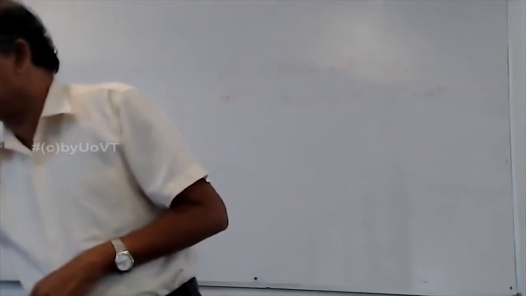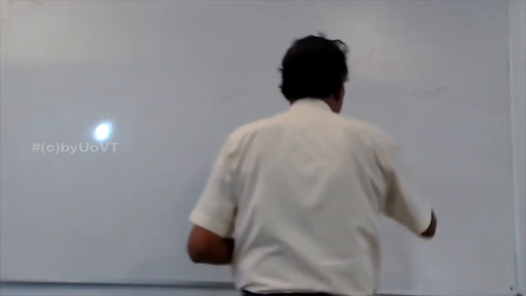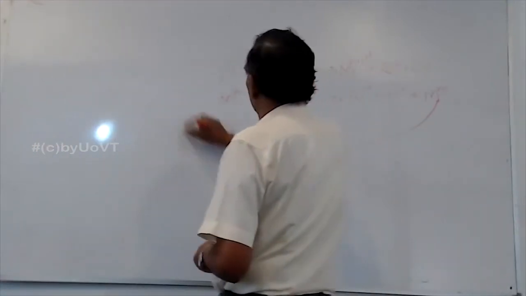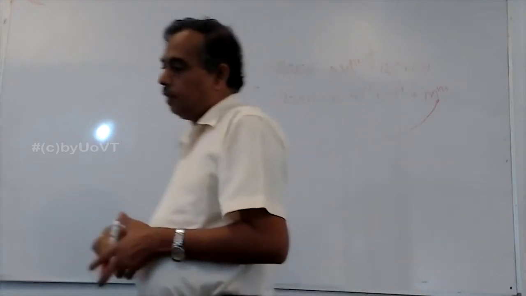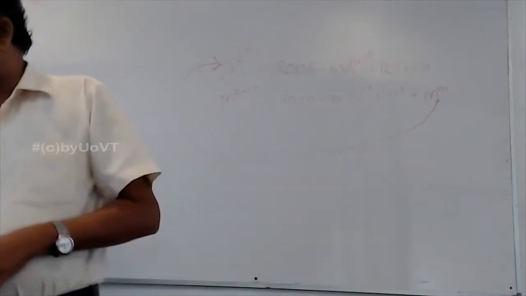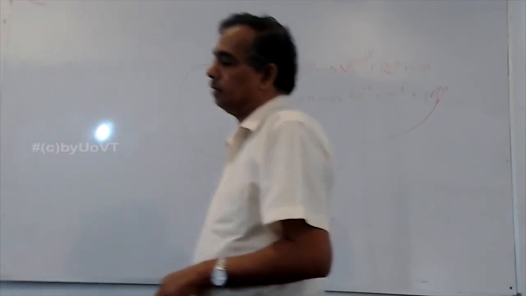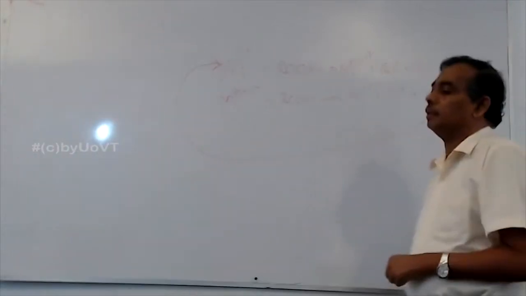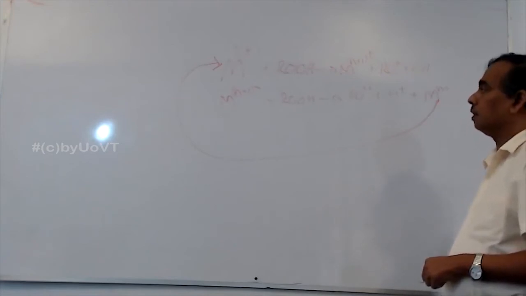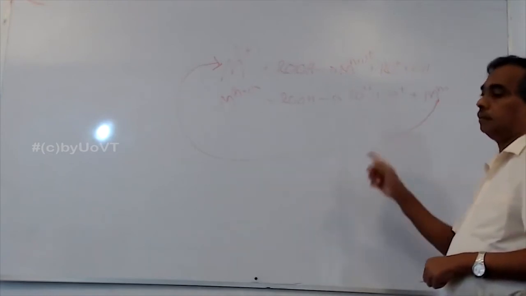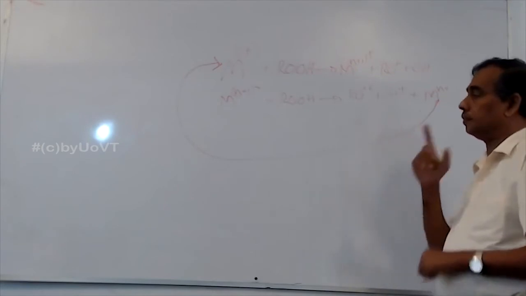Now you can observe this is like a cycle. So if one heavy metal ion atom is present, the cycle can start like this.